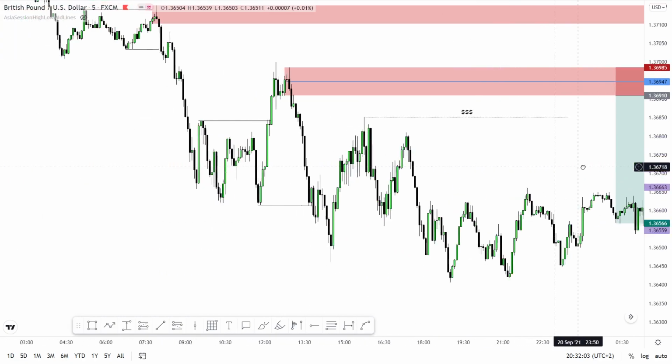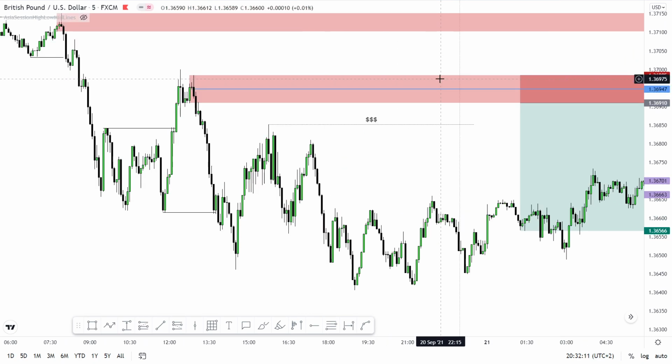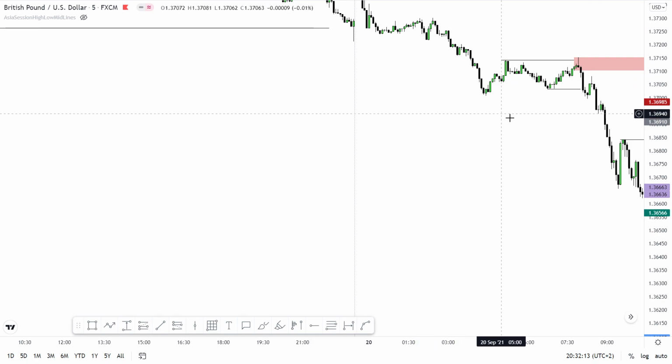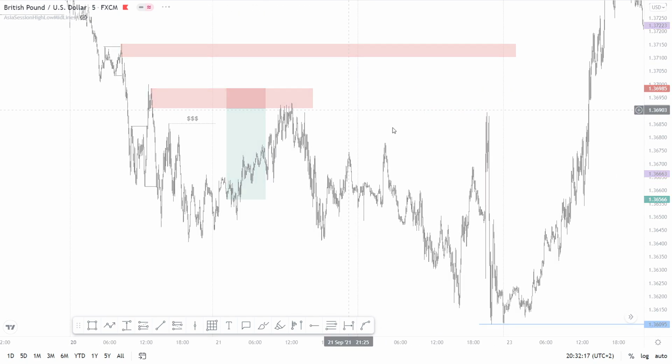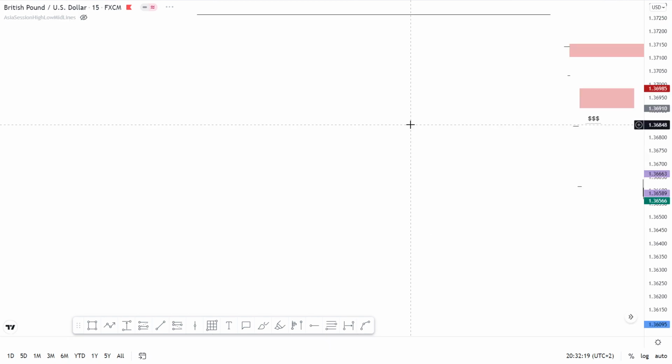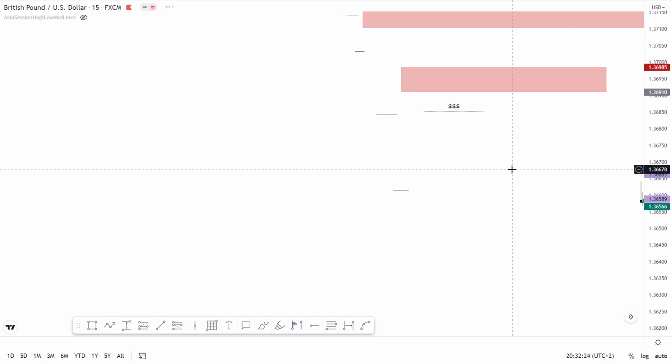Yeah, I didn't refine it up until there. So this to me would be over refining the level, right? That's why I think I did take the entry at the M15 candle. So I didn't want to over refine it because it's less than 10 pips. So yeah, that's what we had to work with.